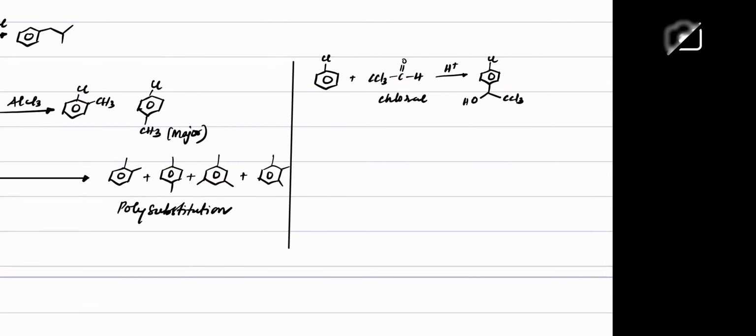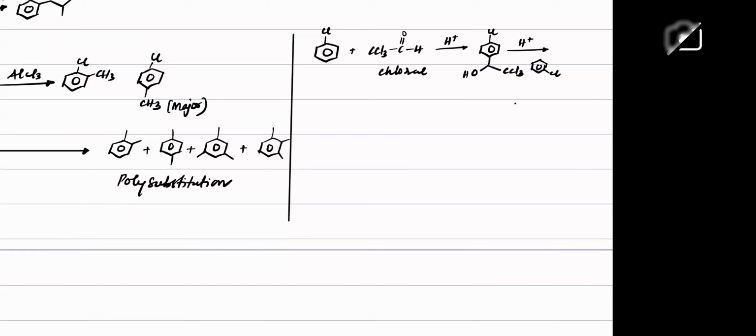And if I take a second mole and take chlorobenzene again, two times that substitution will take place, and you will get this one with CCl3, with two chlorine groups here. And what is this called?